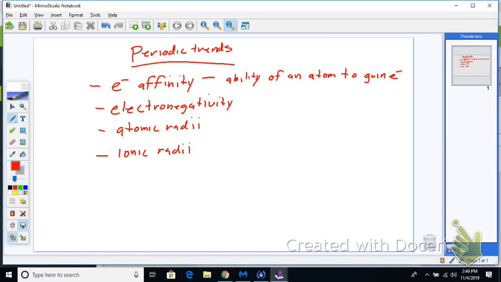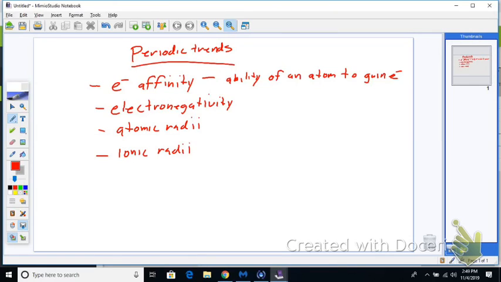So it'll be a value that you can look at and say, okay, that particular atom wants to gain electrons, and then you can look at another one relative to that one and say, oh, well, this one won't gain or is less likely to gain an electron.